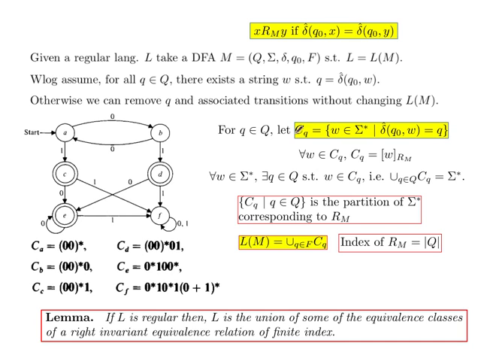So CQ is all the strings such that you can reach this state Q by processing that W. This means that this CQ is not empty, right? Because of the assumption that we made, that there exists at least one string such that this happens.